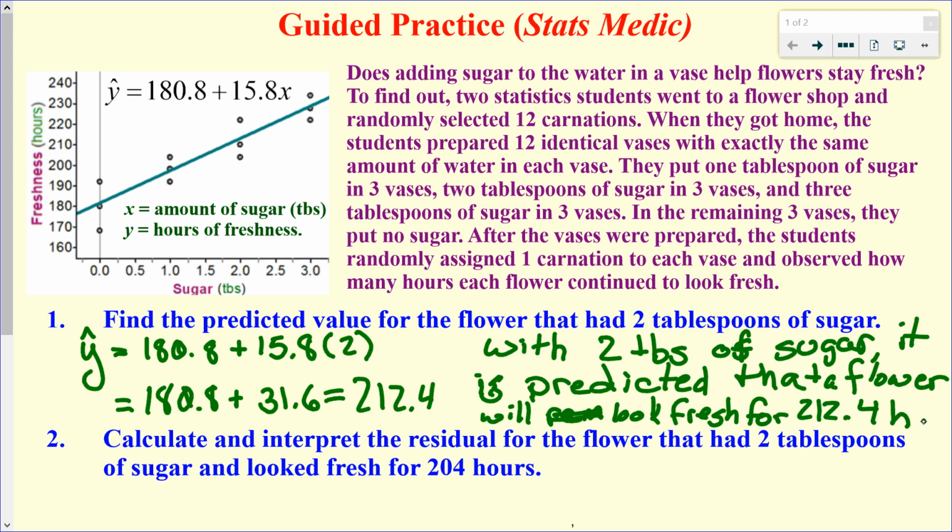Okay, so that's using predicted value, just taking the given x value, substituting it for x in the equation, the explanatory variable, and simplifying to find the predicted value, y hat in this case.